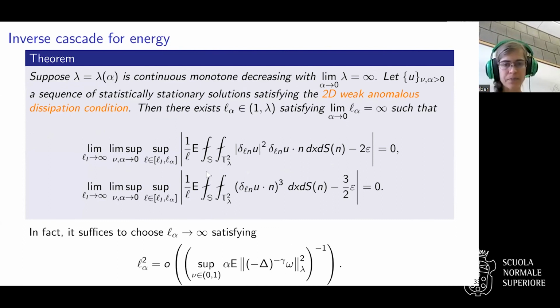For sending the integral scale to infinity, then in a range of scales between the integral scale and the damping scale, where again lambda goes to infinity, these two, related to the 4/3 law, the structure function S0 and the longitudinal structure function, behave like 2 epsilon or 3/2 epsilon. And here we need the condition on the damping that this is going to 0, or is smaller than the dissipation scale.